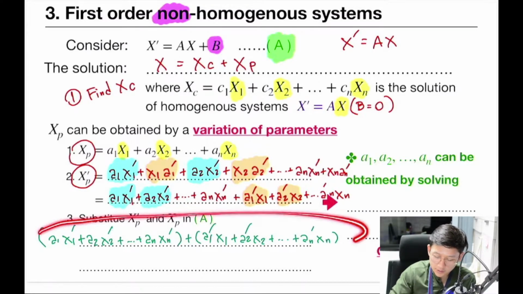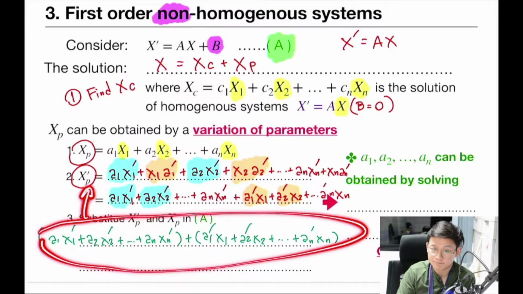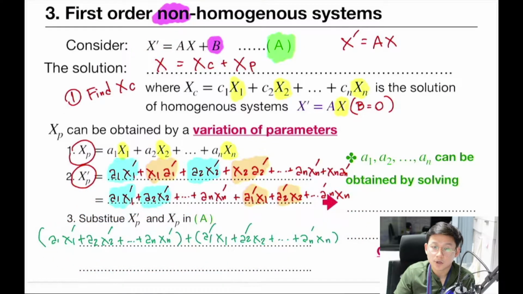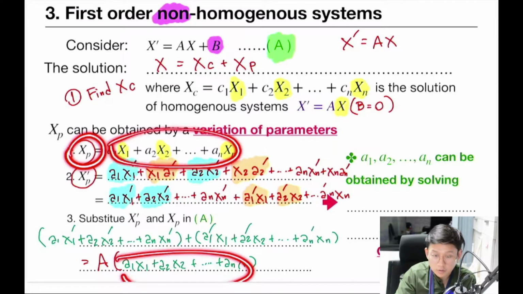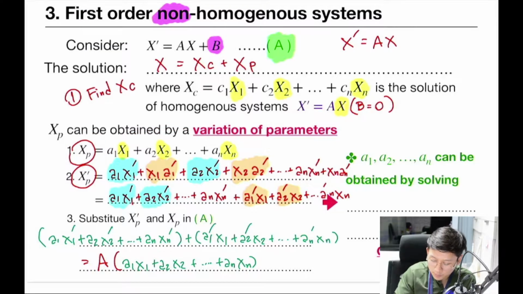So this term is actually x prime. We have x prime, so I copy this and put it there. Then it equals A times x, and what would x be? x would be just a1 x1 plus a2 x2 plus so on plus an xn. This is xp, we put it here. And then we add b.